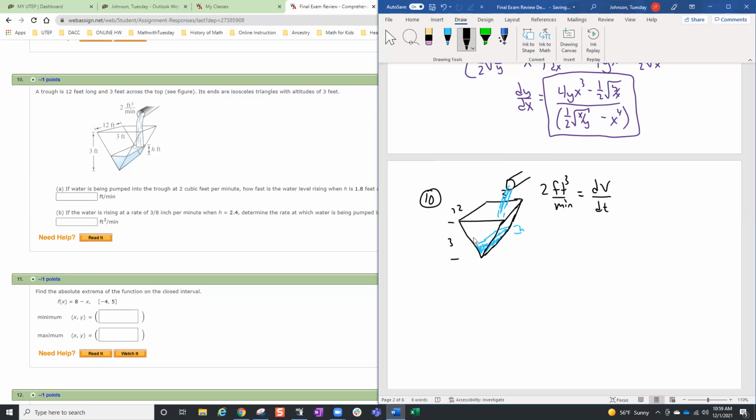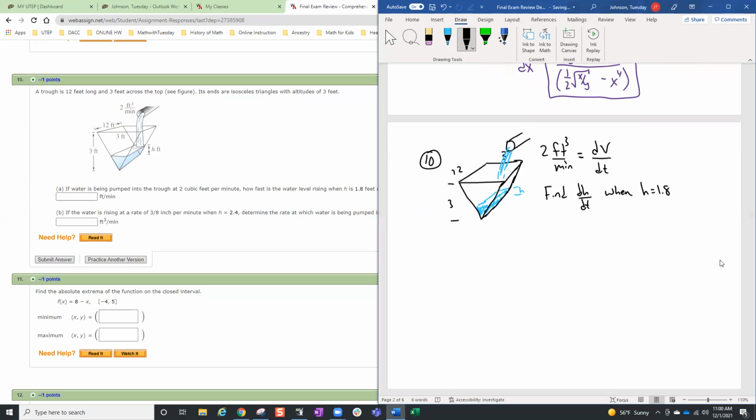If water is being pumped into the trough at 2 cubic feet per minute, how fast is the water level rising? So find dH/dt when H is 1.8 feet deep.